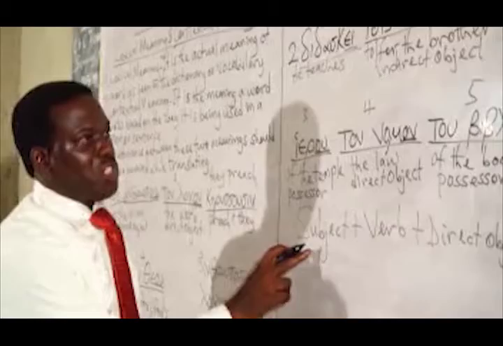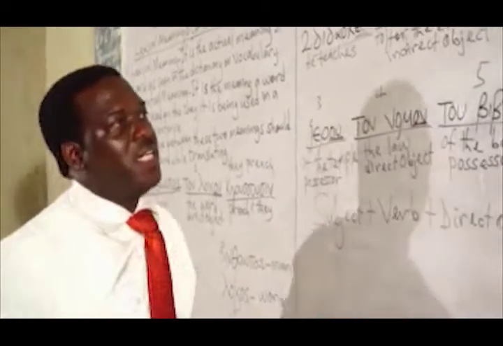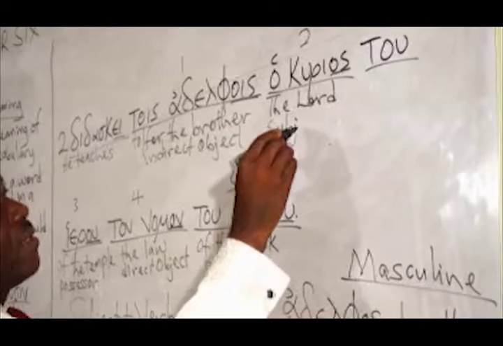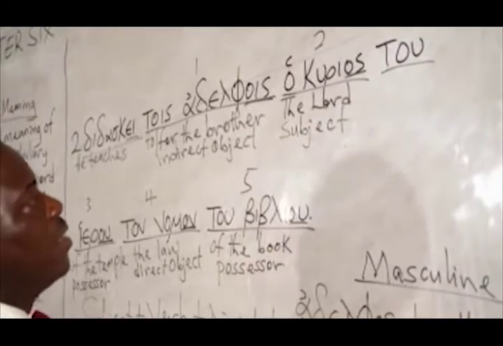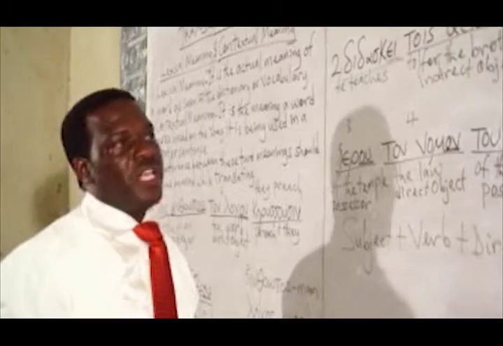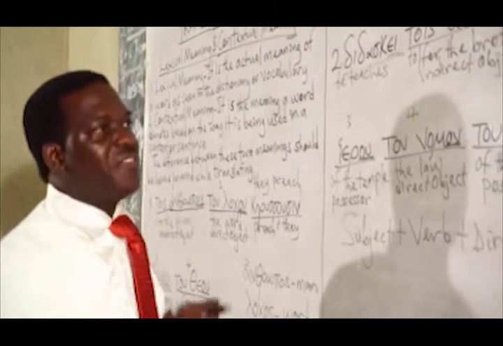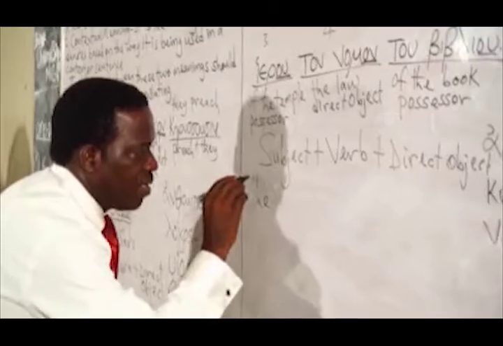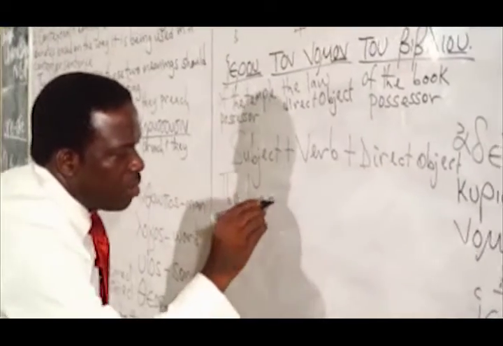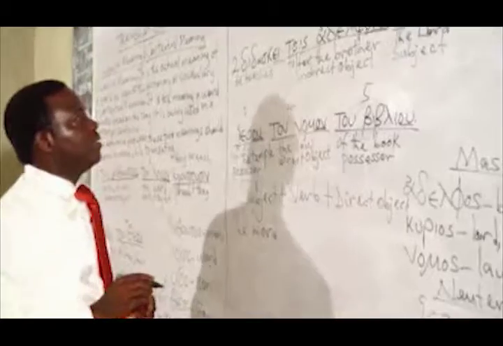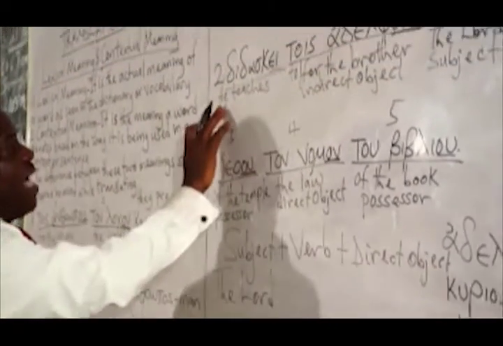So therefore we have to look for the subject first. Kurios is the subject here. It is the only noun in the nominative, and this nominative is singular. The Lord. Then we pick it first. Then the verb is the next one. So we have here it teaches.